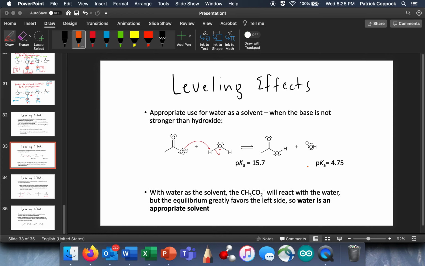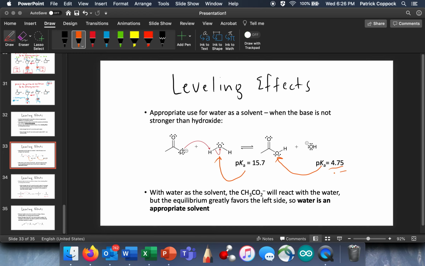Sorry, folks, these are offset. This pKa is supposed to be here, and this pKa of water is supposed to be here. So we've got acetate, which is going to abstract a proton from water, and it's going to make acetic acid and give hydroxide in its place.